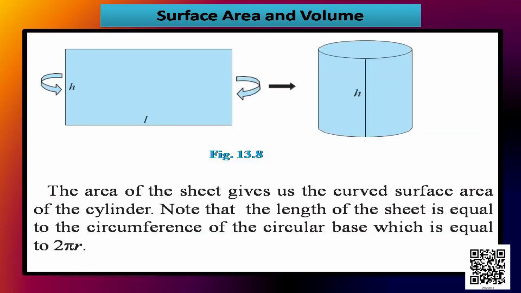Students, the area of the sheet gives us the curved surface area of the cylinder. Note that the length of the sheet is equal to the circumference of the circular base, which is equal to 2 pi r.